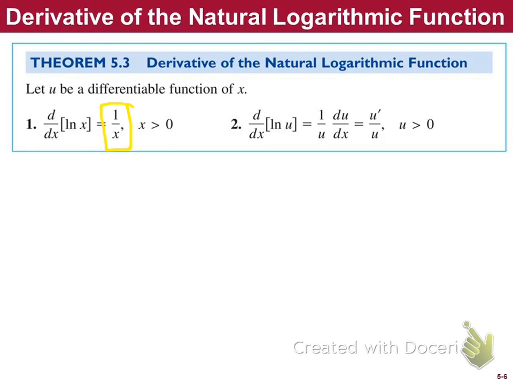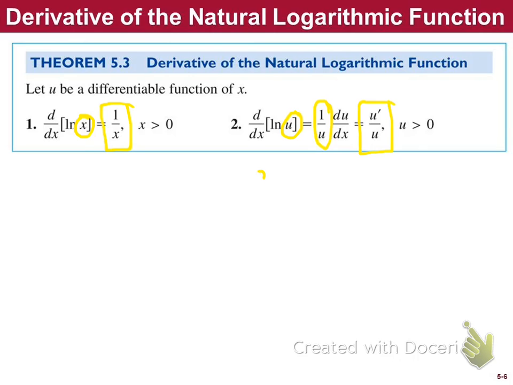The only thing you need to keep in mind is if you have something more than x here, a function like 2x or x squared, then it's still 1 over whatever you're taking the natural log of, so 1 over u, but then you need the derivative of u. To simplify that, when you're finding the derivative of the natural log of u, what you need is the derivative of u over u.